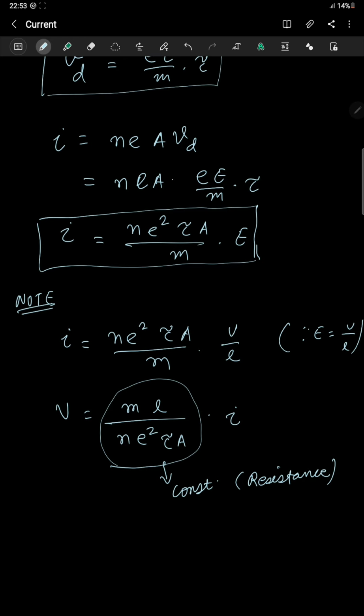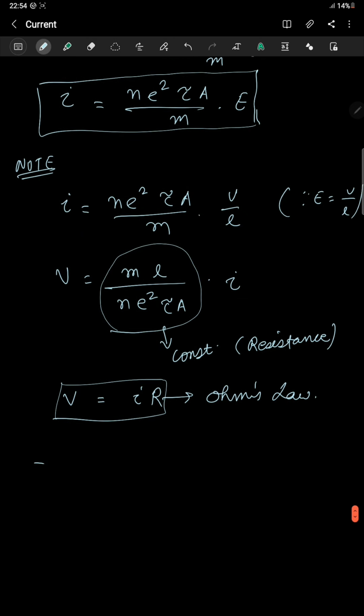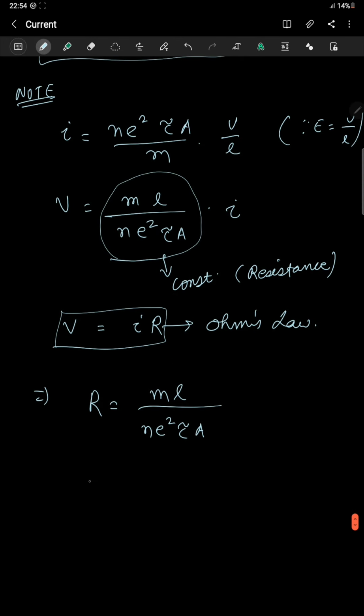Then the question comes, how do I know it? Because we very well know from Ohm's law, V is equal to IR. This is your Ohm's law. So if you compare both of them, it is quite evident. This implies my R is going to be mL divided by ne squared tau A. Now if you look at it, your R is going to depend on whom?